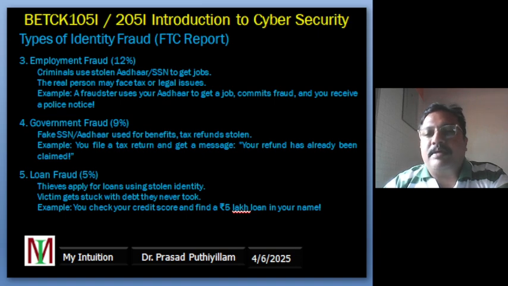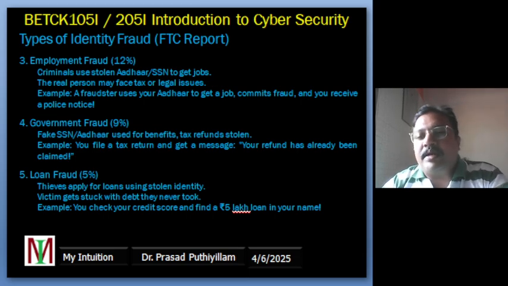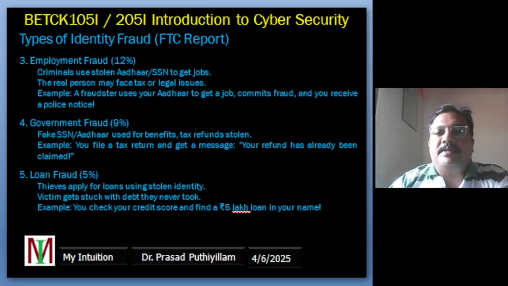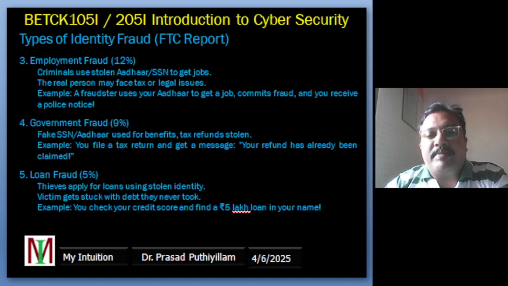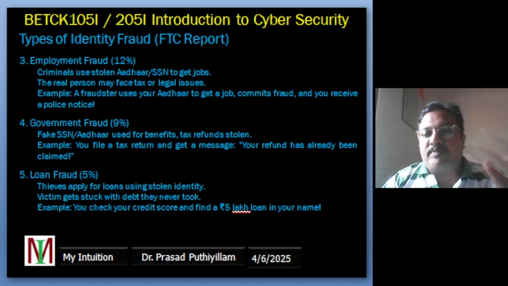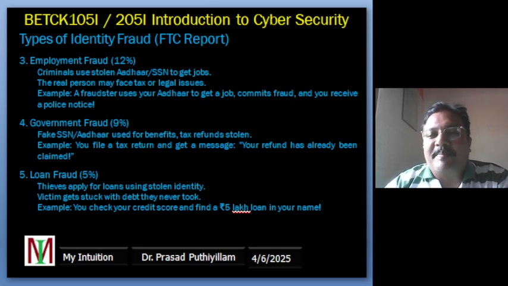The criminal is getting a salary, and the victim has to pay the tax. That is criminal employment fraud. The previous one is funny because the criminal wanted to do a job, is doing the job, but is not ready to pay the tax. Someone else has to pay.